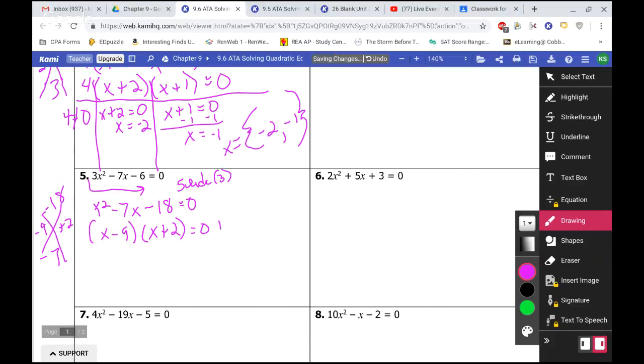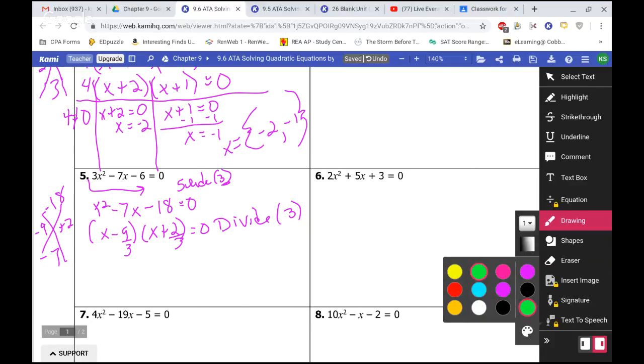But now I need to divide. And what do I divide by? 3, because that's what I slid down and multiplied by. So I'm going to divide by 3 here, divide by 3 here. This particular one will become x minus 3.